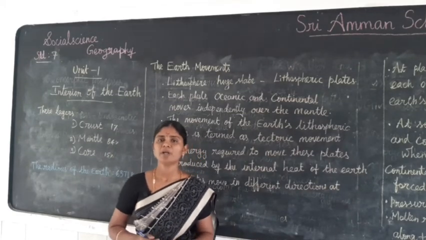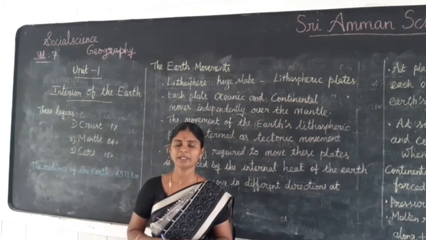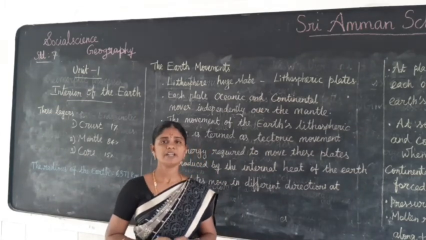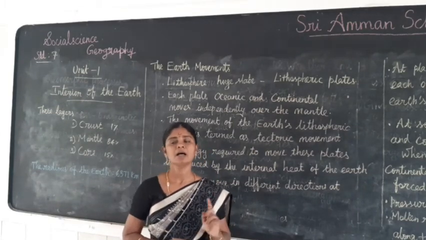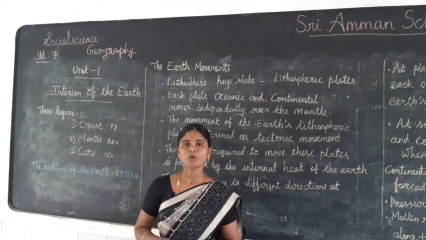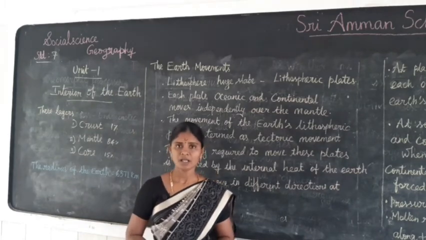Upper mantle remains rocks and lower mantle is in molten form due to heat of the Earth. And core is divided into two types, that is outer core and inner core. The outer core is in molten form and the inner core is solid.